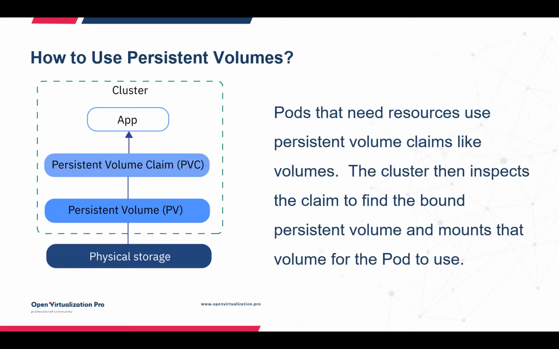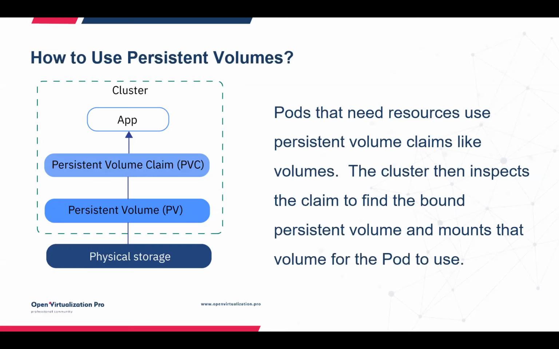Once that persistent volume is bound to the claim, it then mounts that volume for the pod to use. So the claim binds to the persistent volume that has the resources that the pod will then use for the applications and things like that.